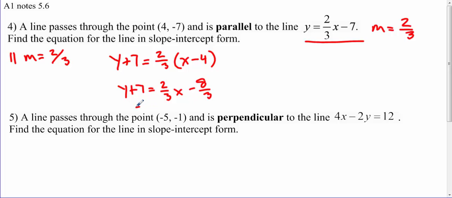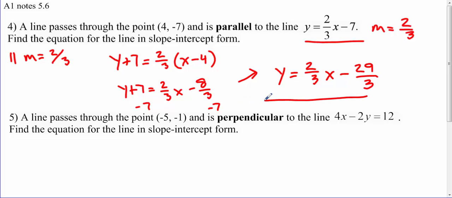We could also subtract 7 from each side, which would give us our slope-intercept form of y is equal to 2/3 x, and remember 7 is the same as 21/3, so minus 29/3. Now if you prefer to write 29/3 is 9 2/3, that's totally fine.